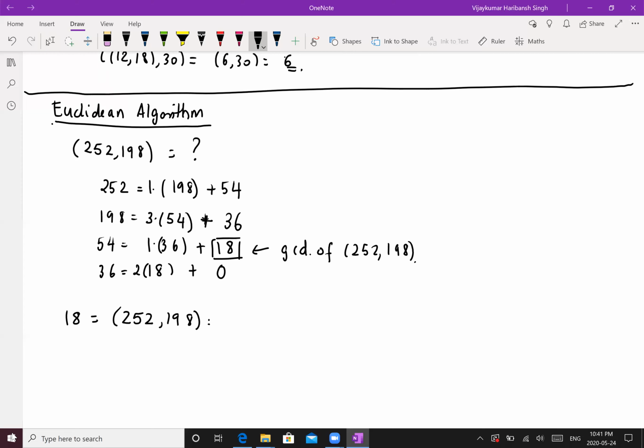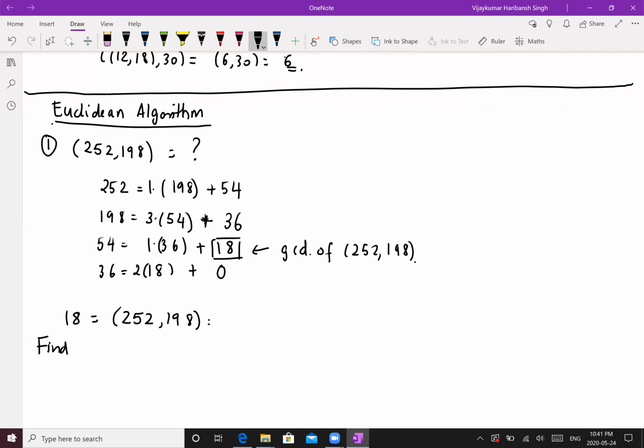Now we can also find one more thing. We already found this 18. Of course, I need to prove why this is a GCD. I'll prove that by appealing to the Euclidean algorithm theorem.